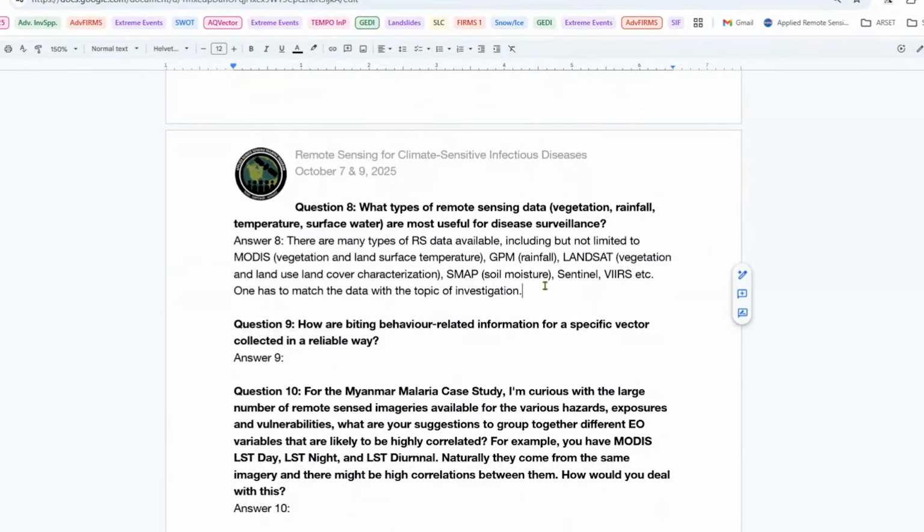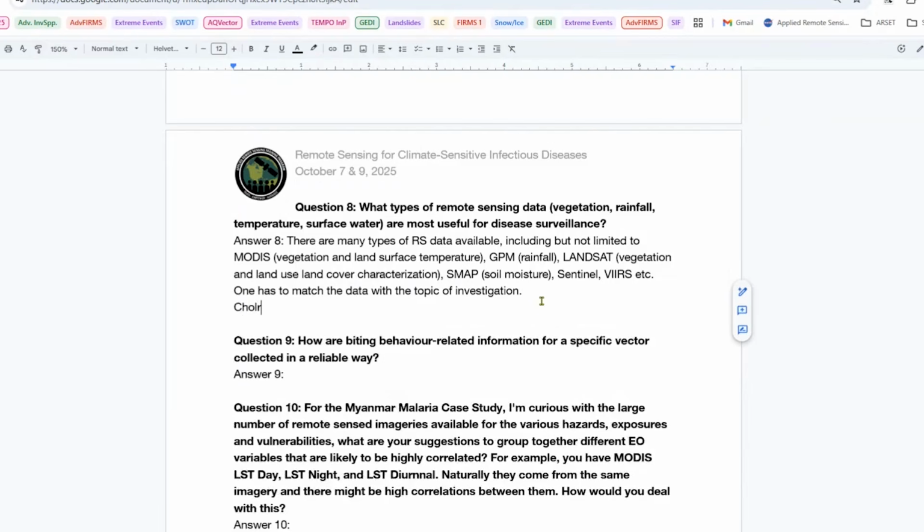I would again go back to that conceptual model and start with what disease are we talking about? Because if we're talking about cholera, it's an infectious disease, but it's a waterborne disease. So the importance goes much more towards rainfall, especially extreme rainfall, and the characterization of the environment.